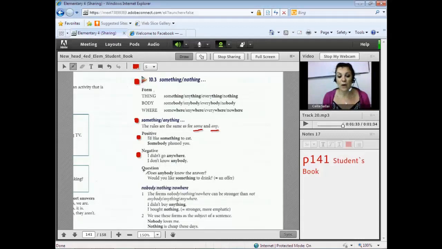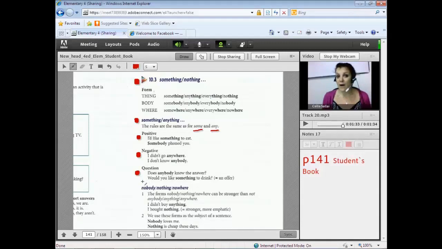Look at the questions. What do we use in questions? In questions we can use, that's right, any, and also some, but not in all types of questions. What kind of questions can we use some in? Offers and requests. Offers, for example, would you like something to drink?